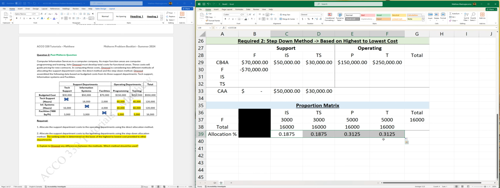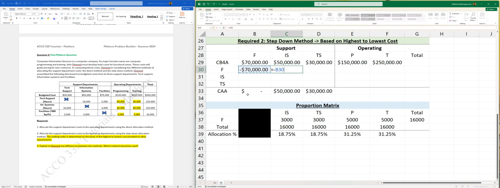So now we have all the proportions, okay? So we know that IS uses 18.75, tech support uses 18.75. Then afterwards, guys, programming uses 31.25 and training uses 31.25%. So now we have the allocation percentages, guys. So we know how much facilities has to help each other department. So now all we have to do, guys, is equals minus the 70,000 times the percentage used by each other department.